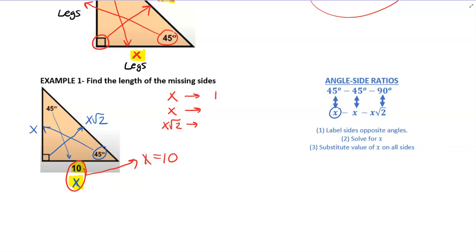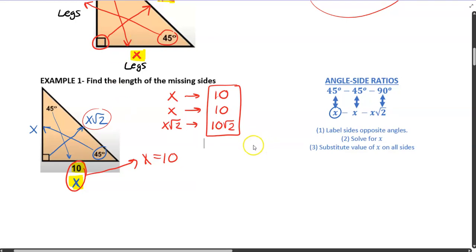Since we know x is equal to 10, the first side would be 10. Well, that one was given to us. The second side is also 10. And then this side, the x root 2, we substitute the x in, and we get 10 root 2. This is a pretty straightforward question, and of the ones that we're going to go over, this is definitely going to be the easiest type of question that we're going to look at.